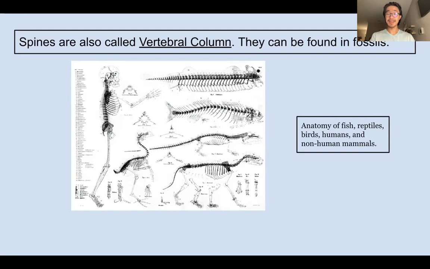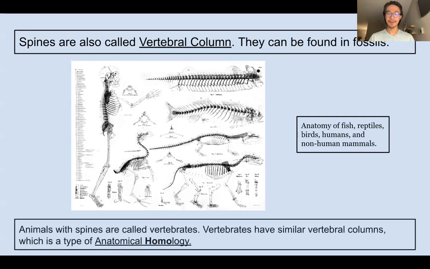They can be found in the fossils. In fact, you're looking at a picture of these fossils right now. We call animals with the spine vertebrates. Vertebrates have similar vertebral columns, that spine structure, which is a type of anatomical homology. Remember, homology means similarity. Anatomical means bones.